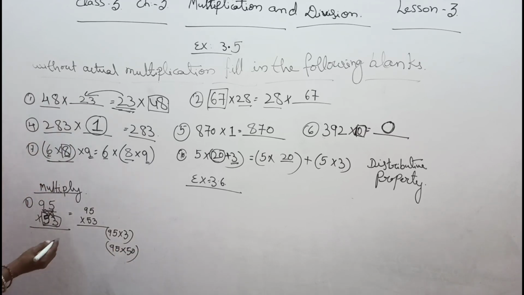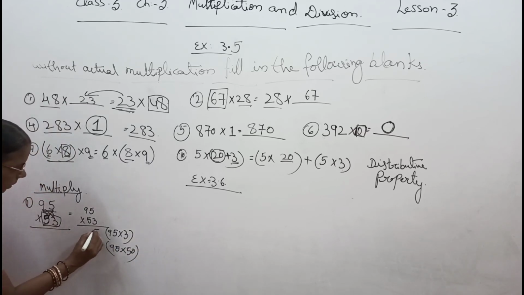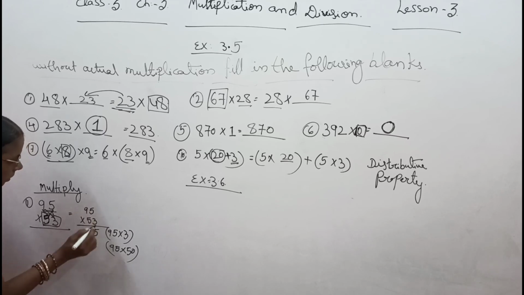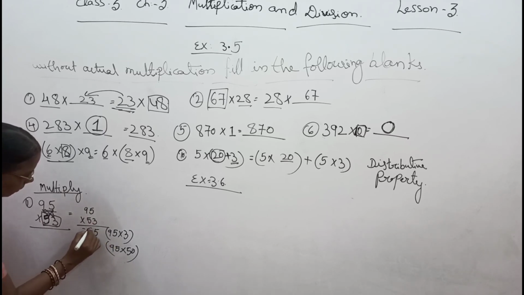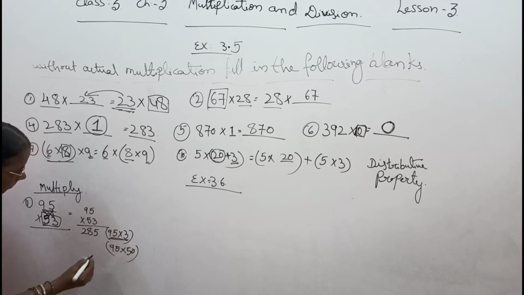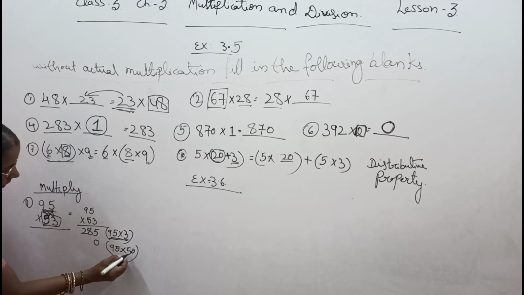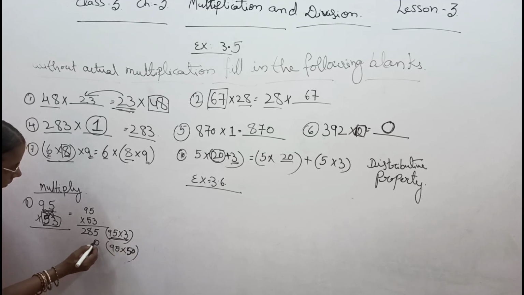Now 3 5s are 15, 1. Then 3 9s are 27, 27 plus 1, 28. It is done. Now we have to put 0 here. Why? Because before 5 we have 0, so the 0 will be put here.